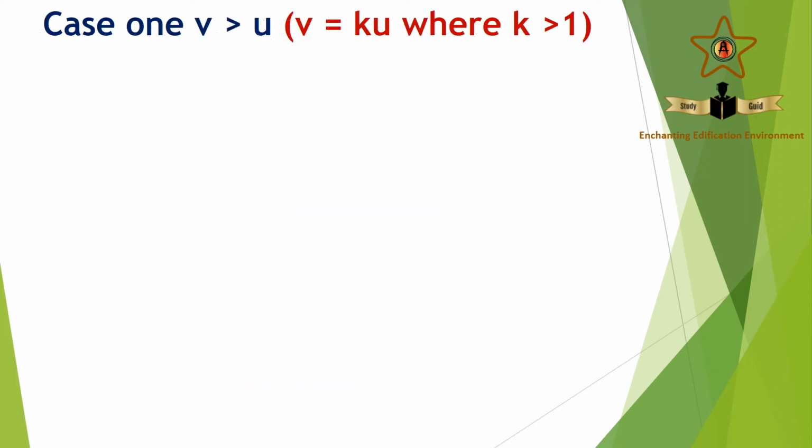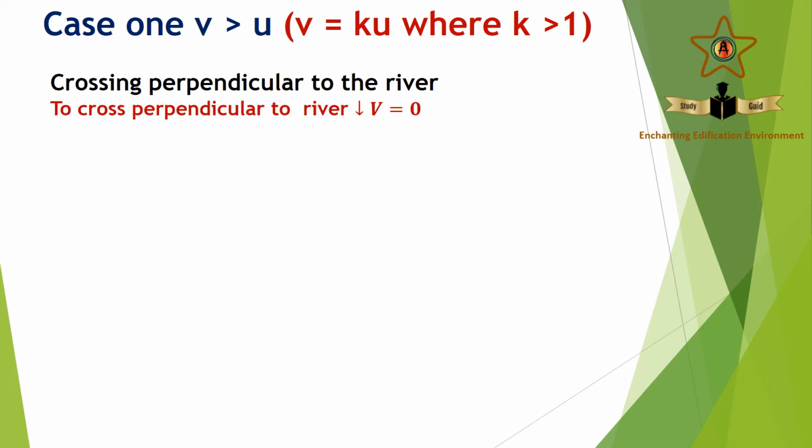Now the first case, v is greater than u, which means the person can swim faster than the river. This can be given as v equals ku, where k is a positive constant larger than 1. Now consider crossing perpendicular to the river. If he wants to cross perpendicular to the river, the downward velocity should be 0.